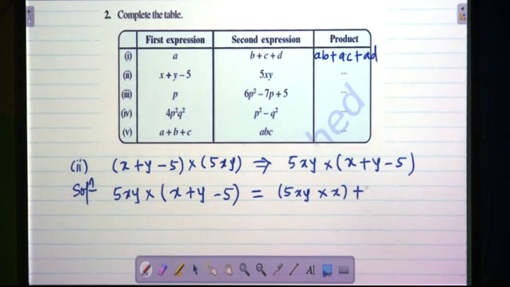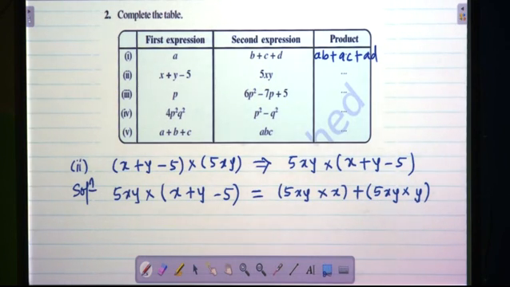After that plus sign is present, 5xy into y. Just a minute, I am writing the minus sign once again.